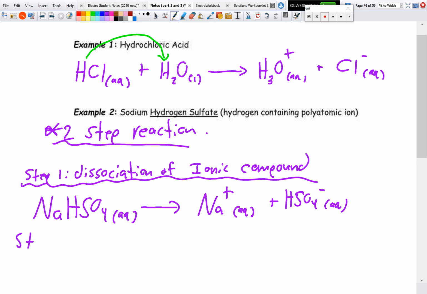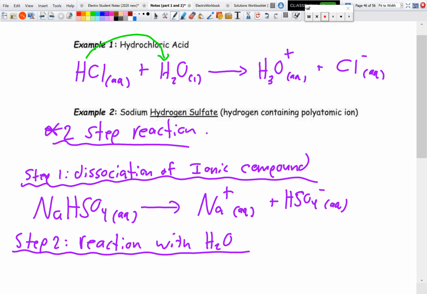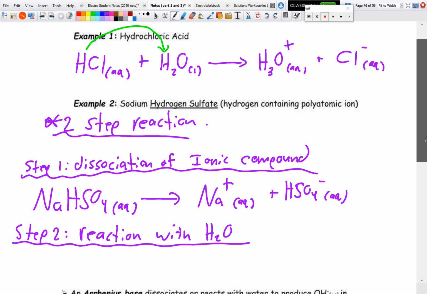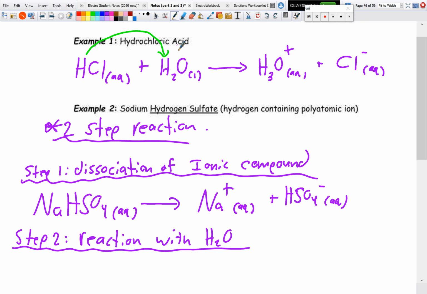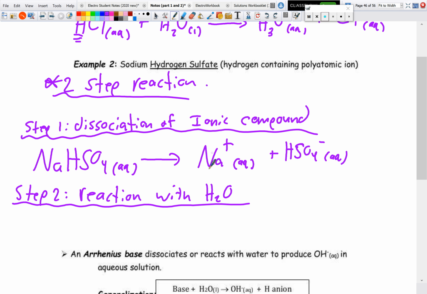And now, step 2, now we have our reaction with water. So in this case, if you look at the example up here, we had hydrochloric acid. There was this transfer of this hydrogen. So if you want to think of which one is going to be acidic, either sodium or hydrogen sulfate, obviously the thing with the hydrogen here, that's how we get our hydronium.